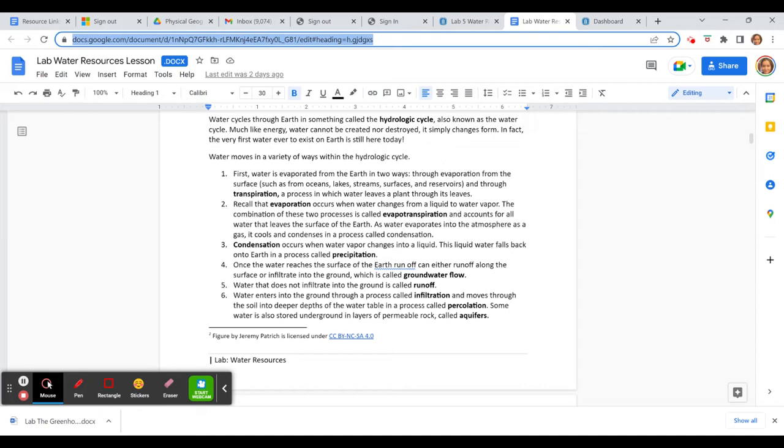So plants, any trees, any plants that we use to eat or grow, or any plant that might be in your yard, when it breathes, and plants breathe, because remember, they breathe in carbon dioxide and they breathe out oxygen, and we as humans do the opposite. We breathe in oxygen and we breathe out CO2.